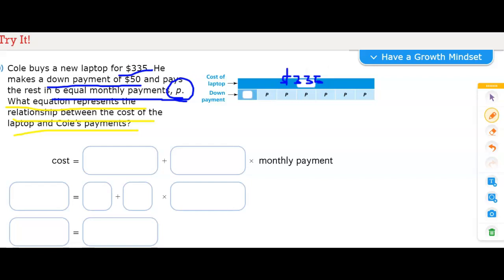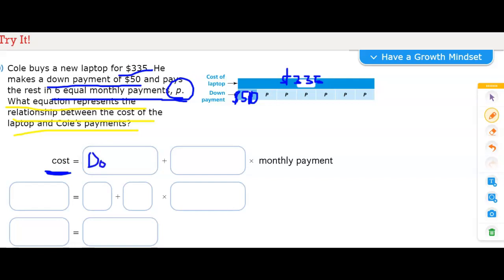The down payment, right here, you could write $50. So now the P here is for the monthly payments, because we do not know what that is yet. So the total cost of the laptop is going to be the down payment.